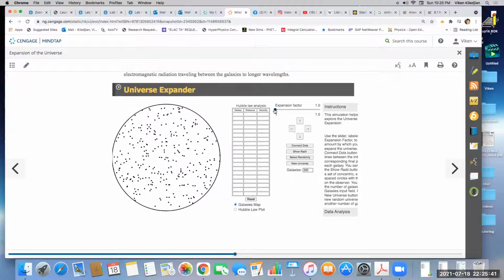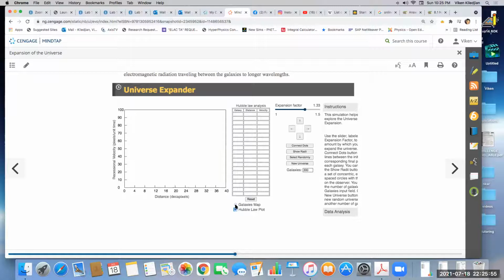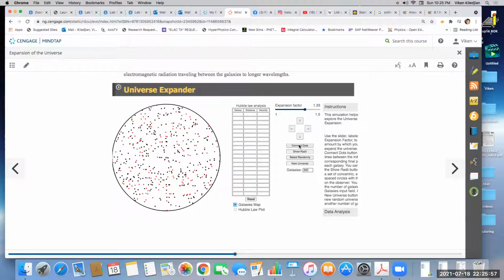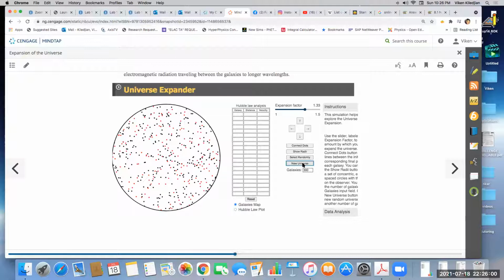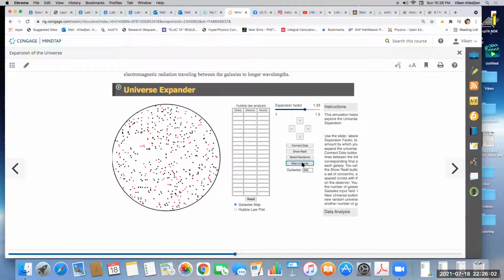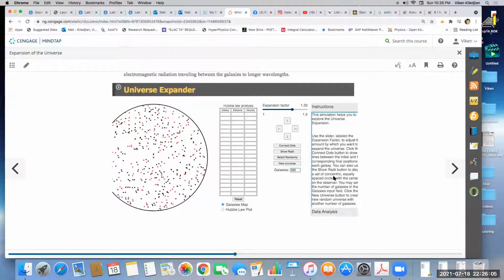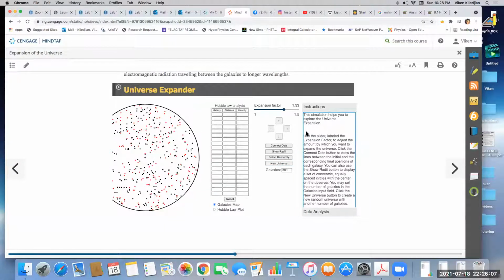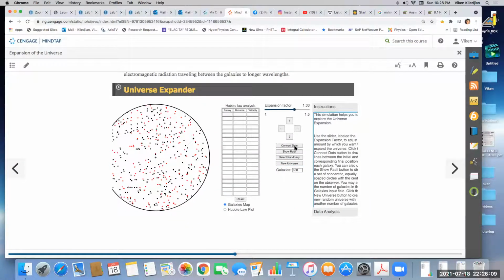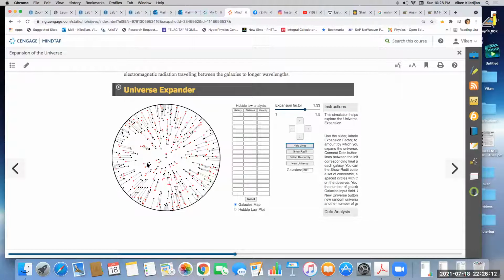So, expansion factor. Oh, okay. Whoa, I like that. Let's see here: Galaxies Map, Hubble Law Plot. Connect dots, new universe. Okay, so let's see, what do we do? Simulation, connect dots. Oh, see, that's how much it expanded. Expansion factor.